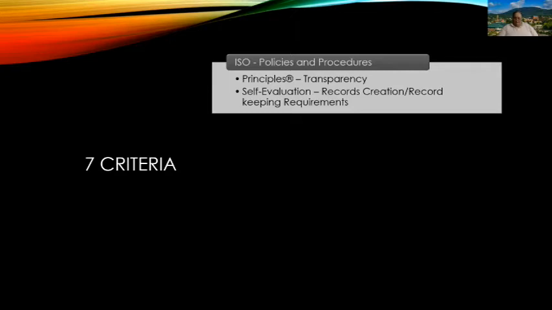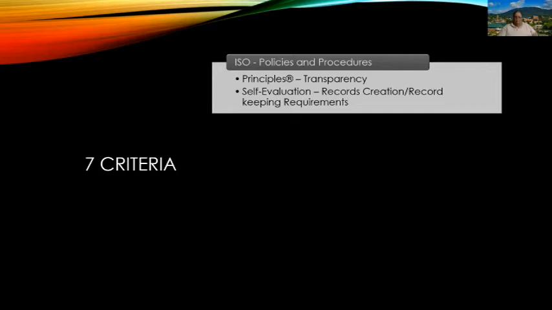So I decided to start with the 7 primary criteria that are in the ISO standard, and then I mapped the other sections of the ARMA principles and this NARA self-evaluation to those 7 criteria.